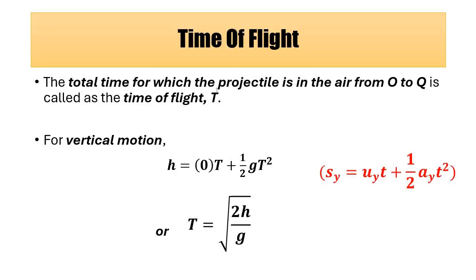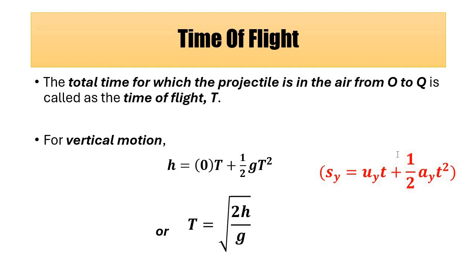The time from which it is projected with some velocity until it hits the ground, the time for which it is in the air, is called the time of flight. Let's denote it by capital T. So we have to calculate that.